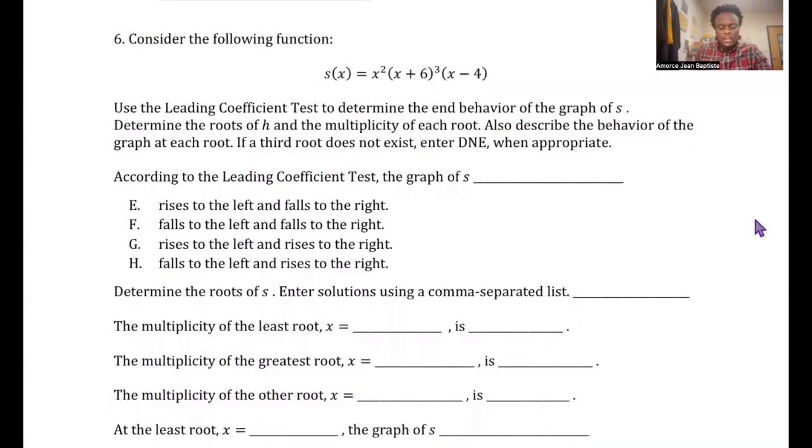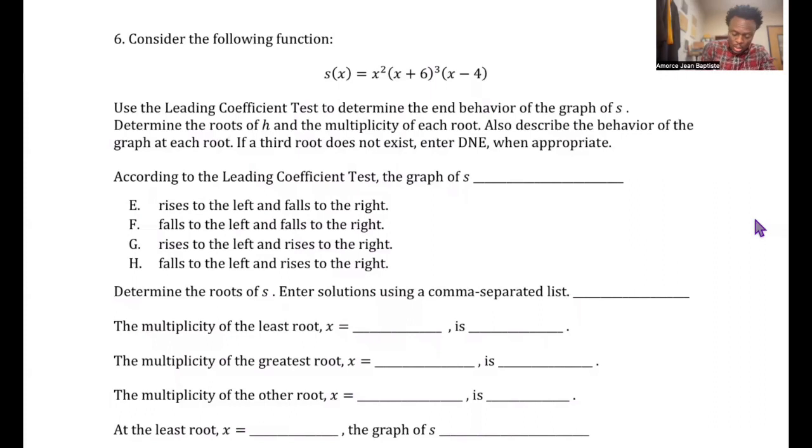All right, in this next example, we are trying to continue the study of the end behavior of a function using the leading coefficient. But the difference in this problem is that it's in factored form. Now, how do we find the leading term of the polynomial function when the function is given in factored form?